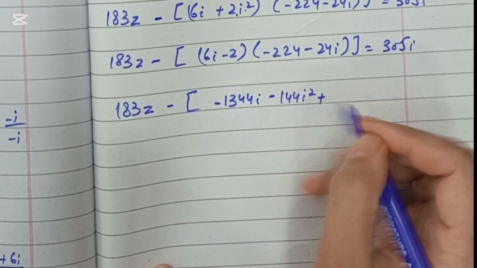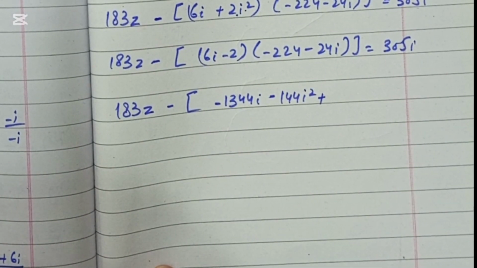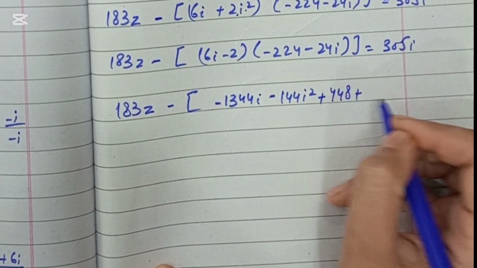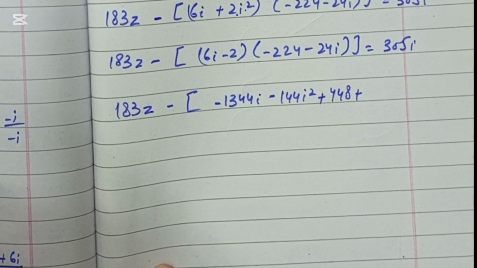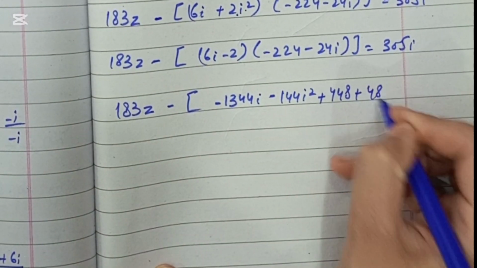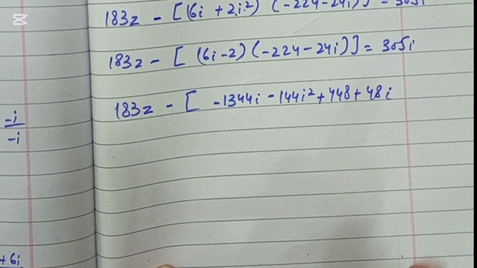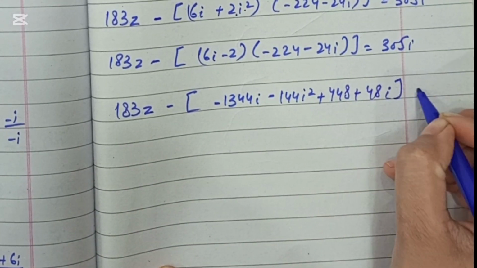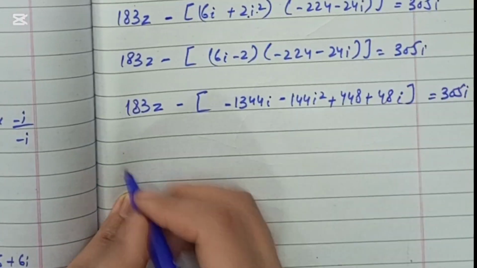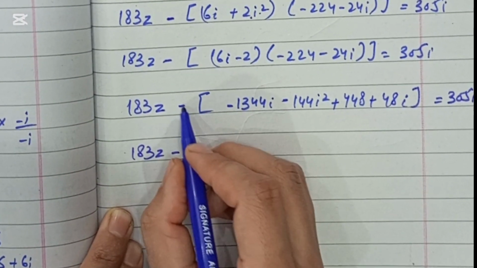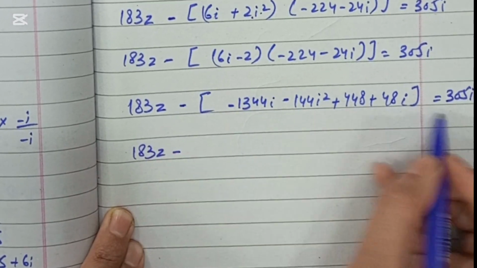Minus minus is plus. 2 multiplied by 224 is 448. Minus minus is again plus. 2 into 24 is 48, and this is again iota. Okay, so here it will be closed. 183z minus, now multiply this minus sign with all of the terms.